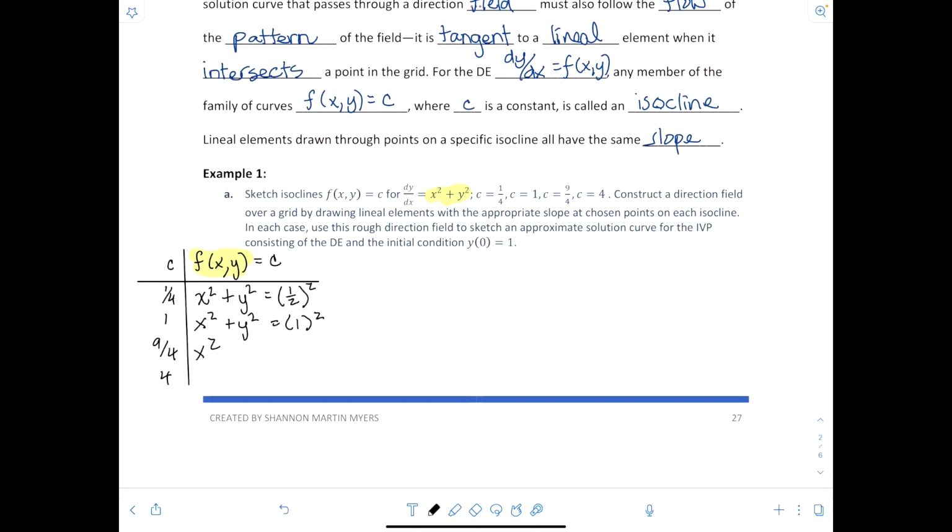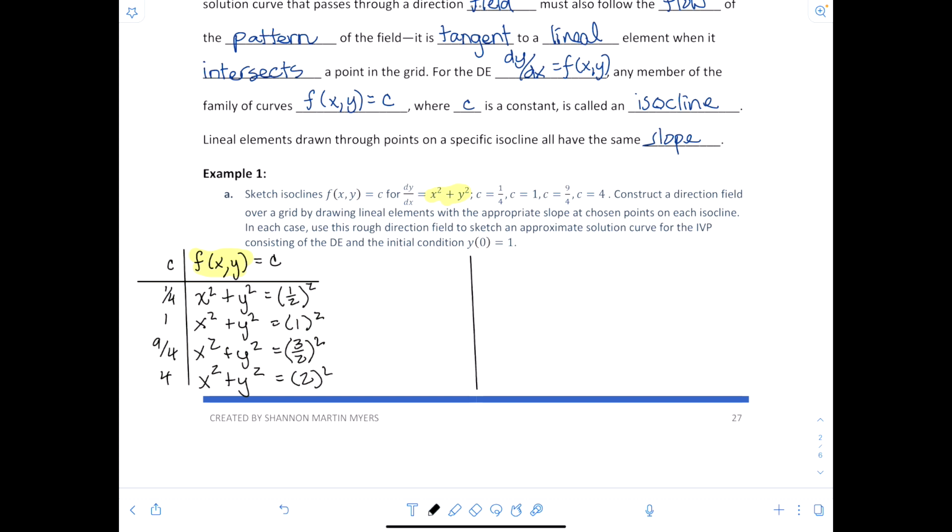Plugging in 9 quarters, we would have 3/2 squared. When you square 3/2, you get 9 quarters. And then we'd have x squared plus y squared is 2 squared, because that would give us c of 4. Groovy?